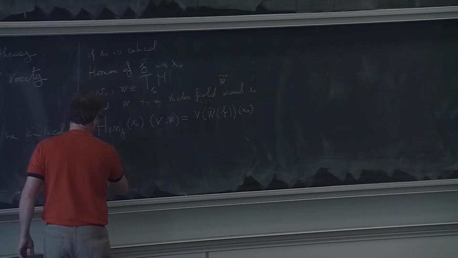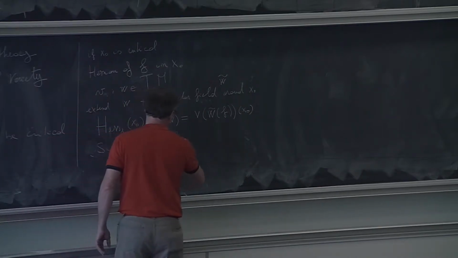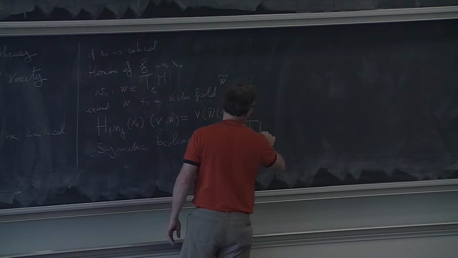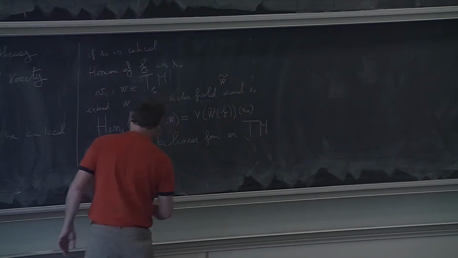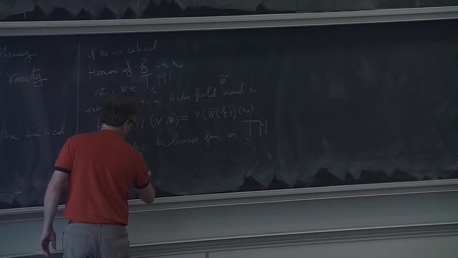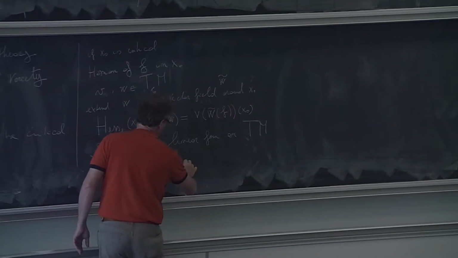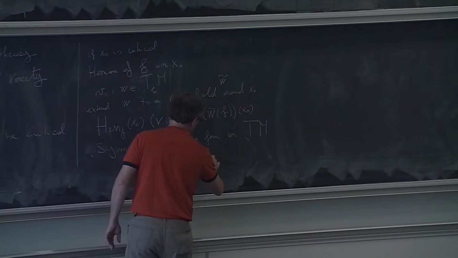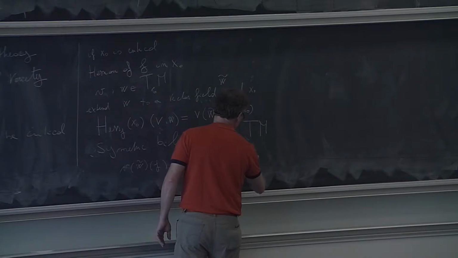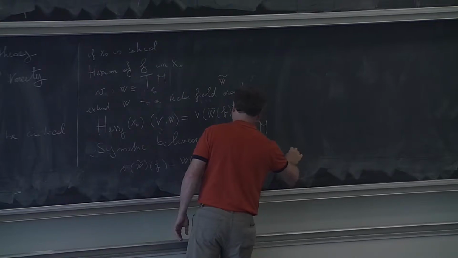It's a symmetric bilinear form on TM. And it's symmetric because v of w tilde of f minus w of v tilde of f is just the Lie bracket of v, w of f in x0.